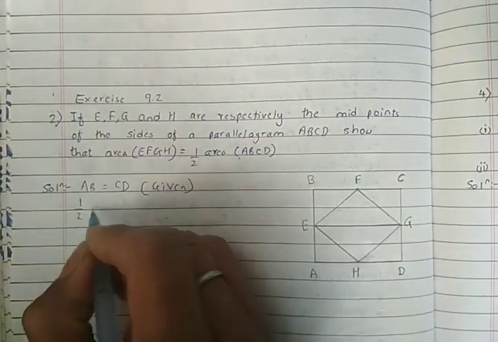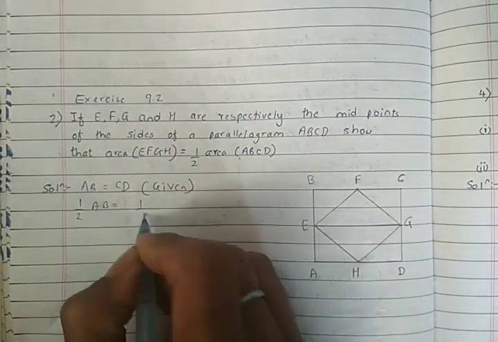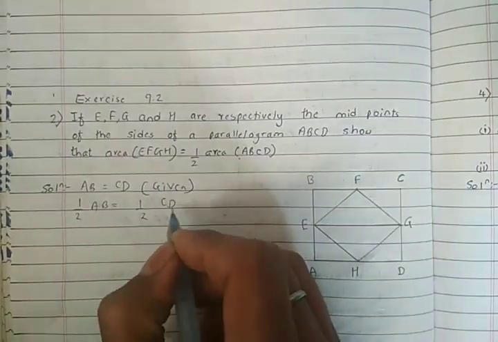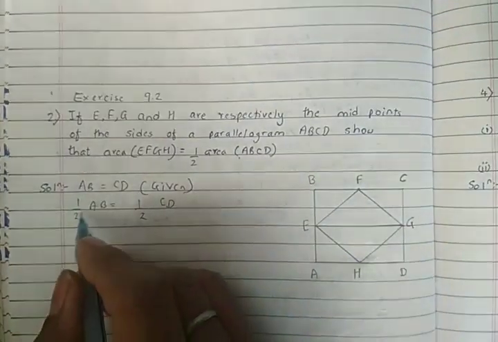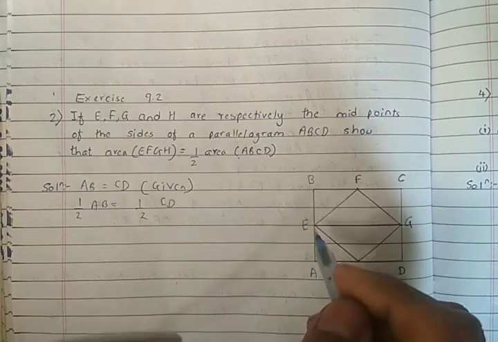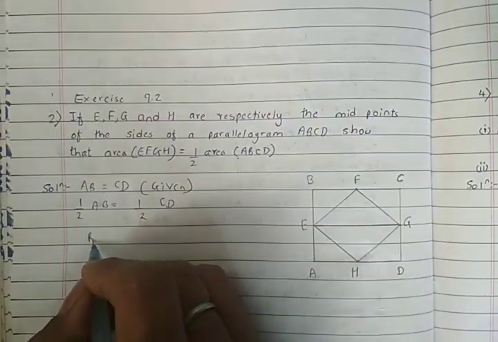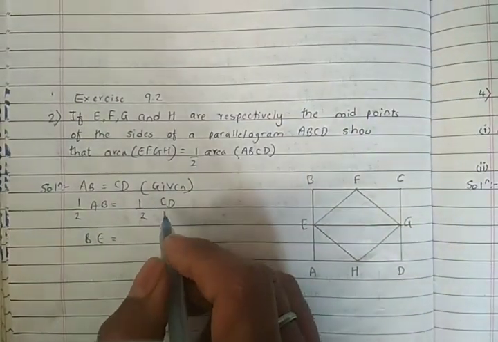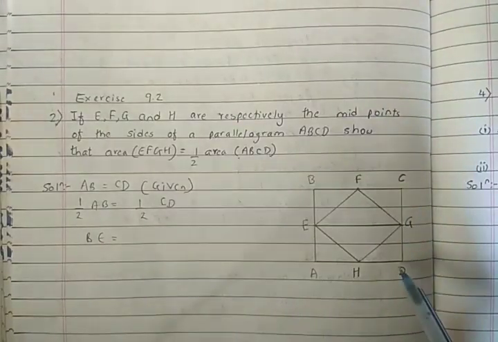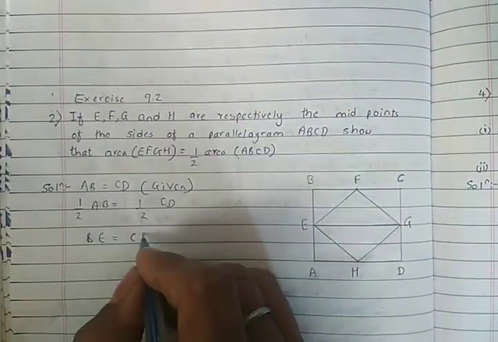Now we will add half on both sides. If you add half on both sides, half of AB will be AE or BE. Here we will write BE, and half of CD is CG.